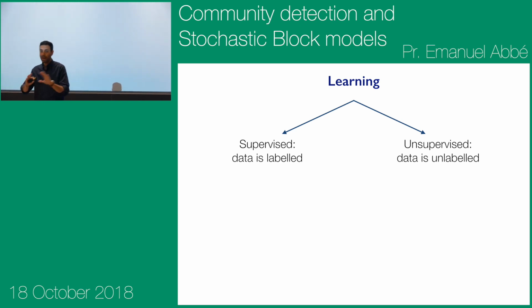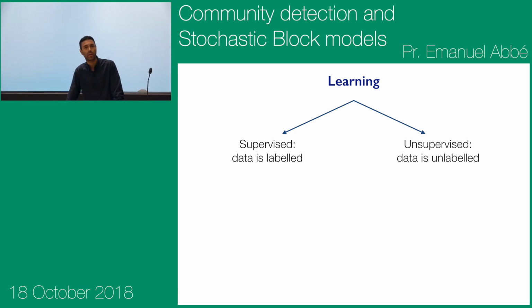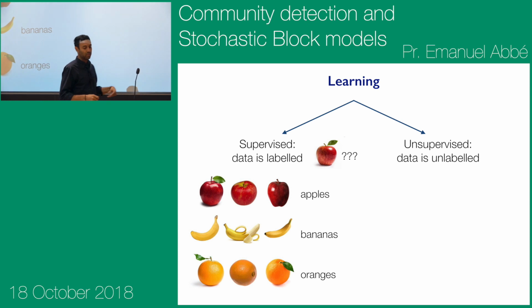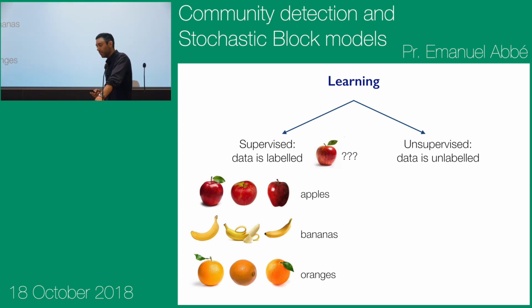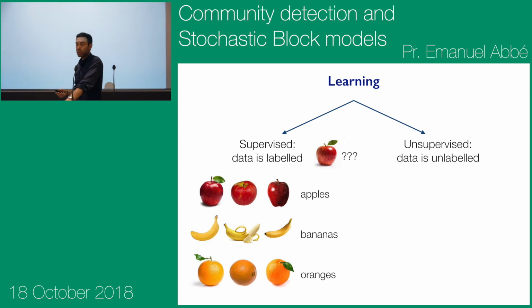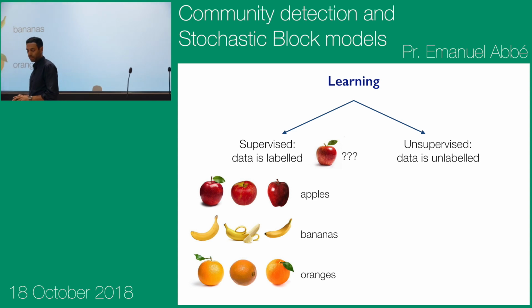So that's a rough separation of the field. In learning, there are of course in-between cases, semi-supervised, reinforcement, but in those two main camps, I'll remind you of the typical problems that people address. The first one is classification. You're given a collection of data points, images of fruits, and a human being or someone has given you the labels for those images.